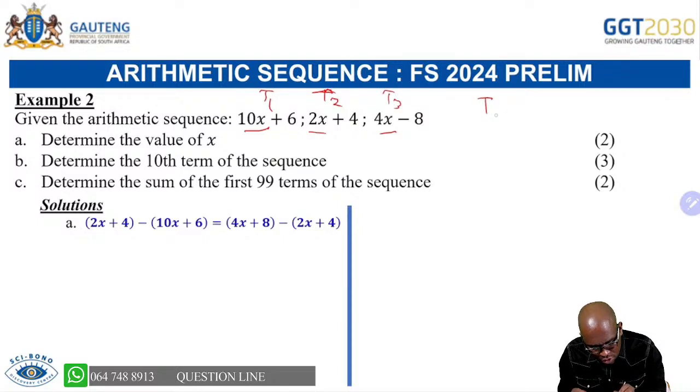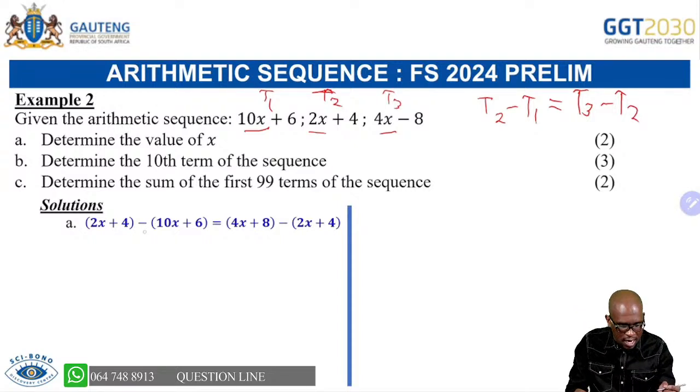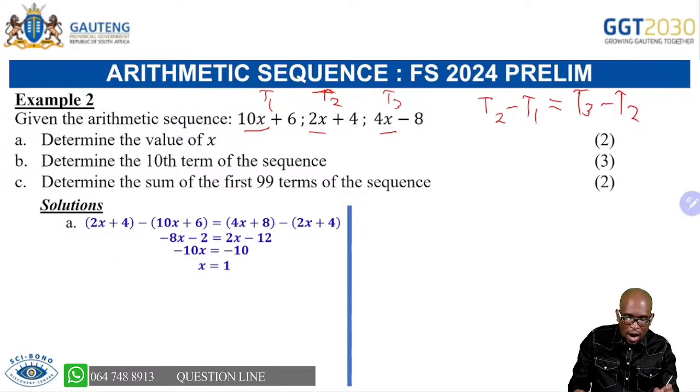So we're going to use T2 minus T1 is equal to T3 minus T2. Then simplifying, we get negative x minus 2 is negative 2x minus 12. Simplifying further, we get negative 10x is negative 10. Then x becomes 1.